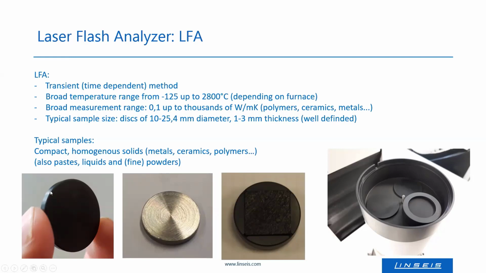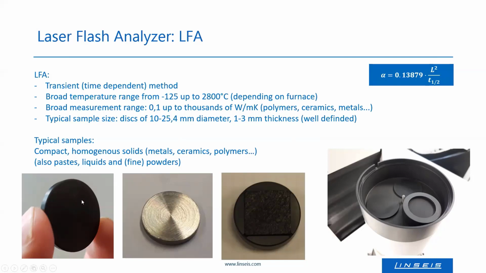Such a disk should have a thickness in the range of approximately 1 to 3 millimeter, and it has to be well defined because you need the thickness, because you will square it to get thermal diffusivity. So every error you make in the thickness measurement and in the sample preparation will be squared.